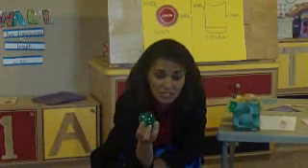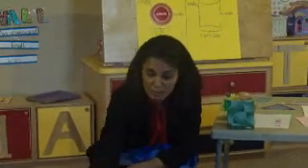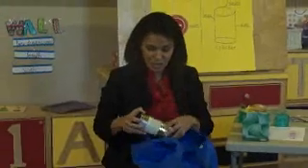This is a solid figure that is shaped like a ball and has a special name in math. We call it a sphere. Can you say sphere? A sphere. Very good. I'm going to pass it around. And I have another one.